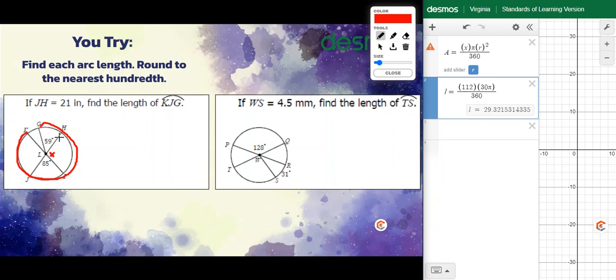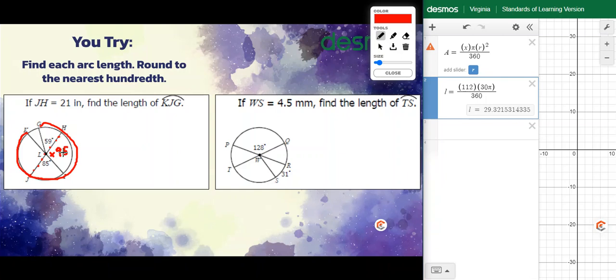The first piece of information we need is this missing measure right here. If I look, this is a semicircle, which divides it in half at 180 degrees. So that means that 180 minus 85 should give us the degree measure of this angle, which should be 95 degrees.